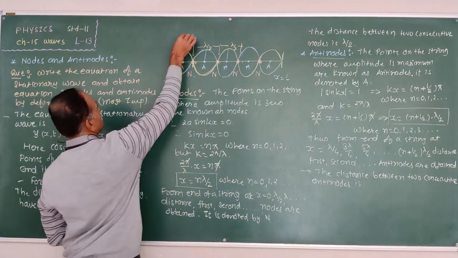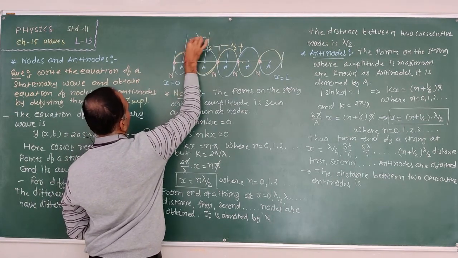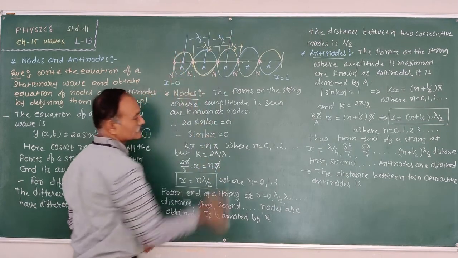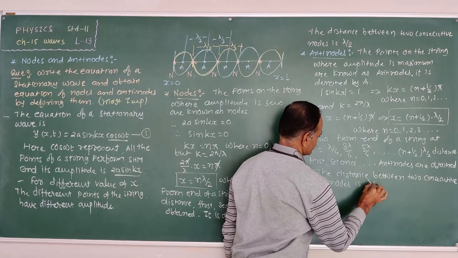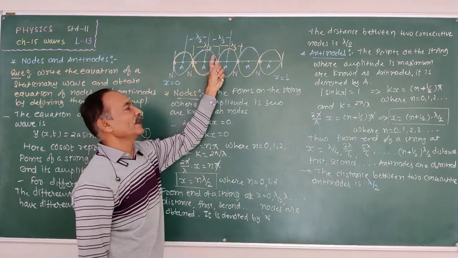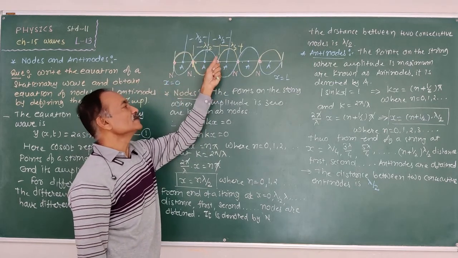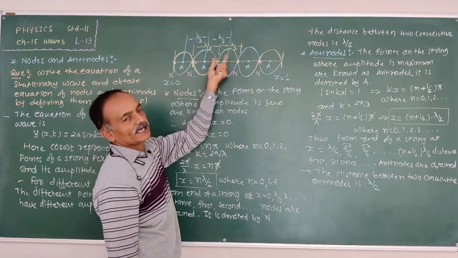This distance is also lambda by 2. There is also lambda by 2. But the distance between an antinode and a node, or a node and an antinode, consecutive antinodes and nodes, is half of this. That means lambda by 4.